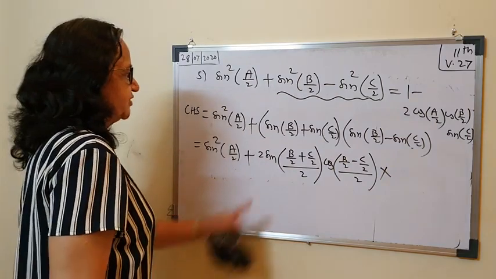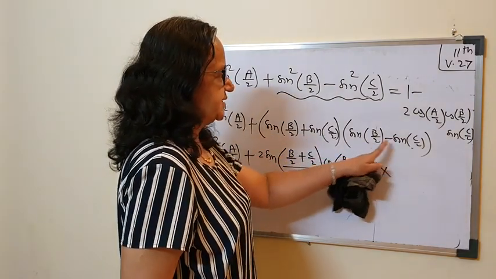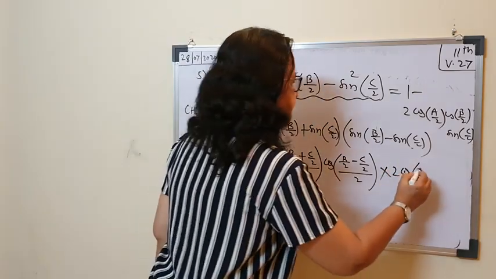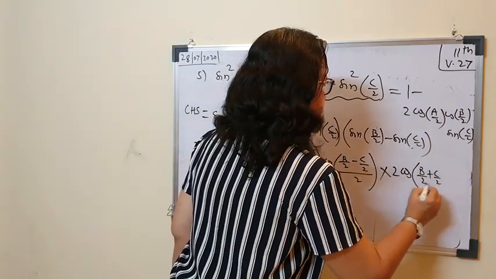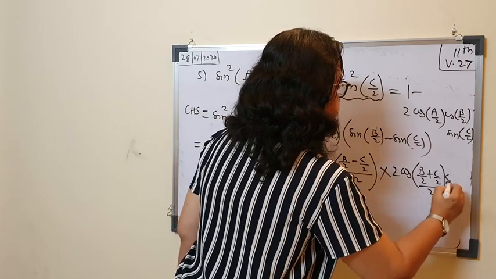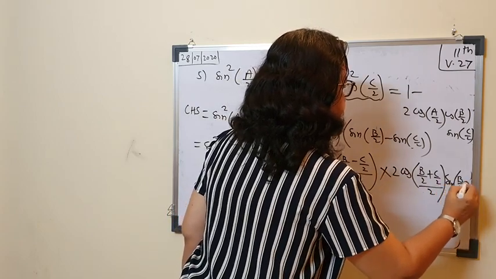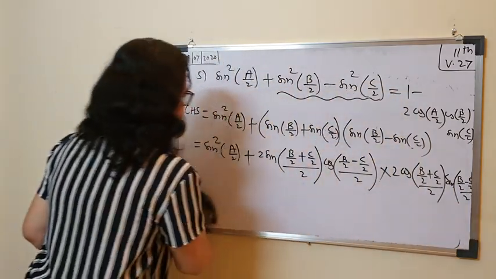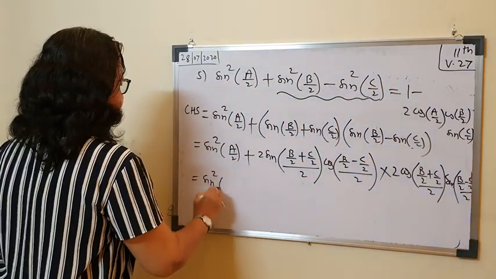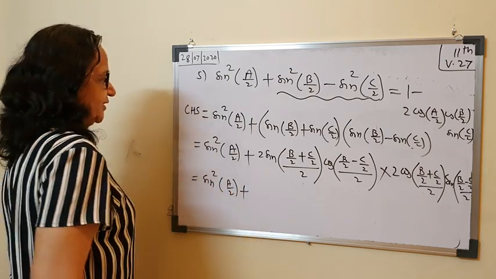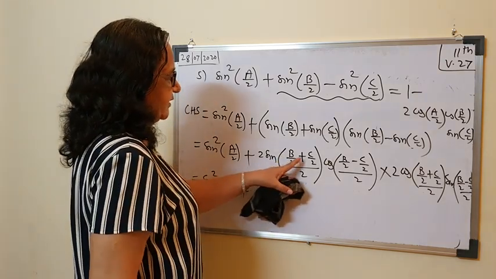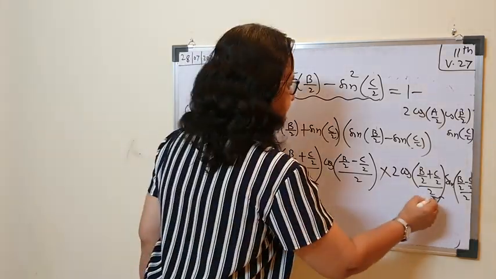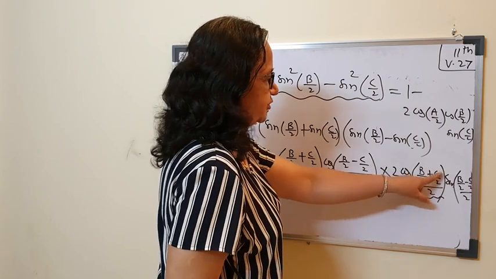Into, because this is multiplication, sin C minus sin D. So 2 cos, add B by 2 plus C by 2 upon 2, and then sin, subtract B by 2 minus C by 2 upon 2. Close it there. That means you got first term as it is, sin square A by 2 plus, now like last time, B by 2 plus C by 2 upon 2, this is your theta, sin theta, and same angle repeats here. See, cos B by 2 plus C by 2 upon 2.